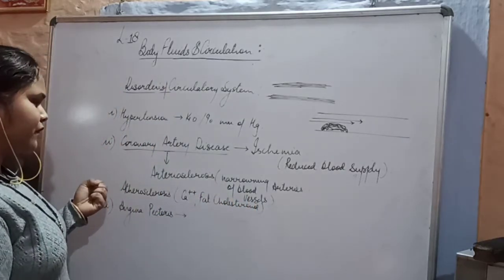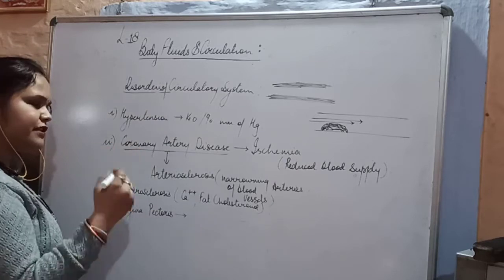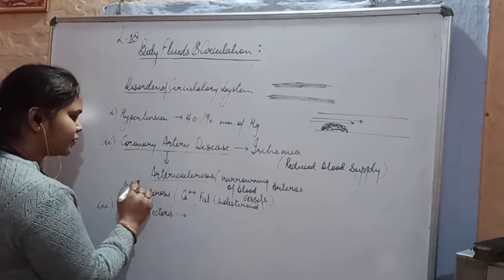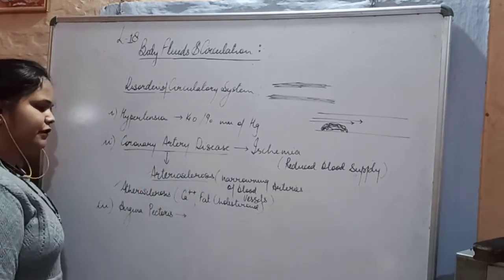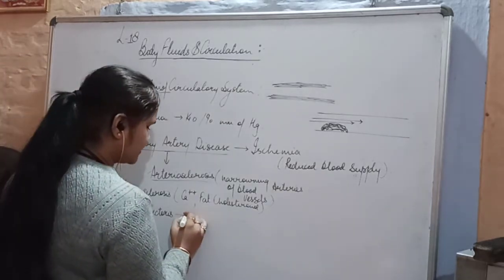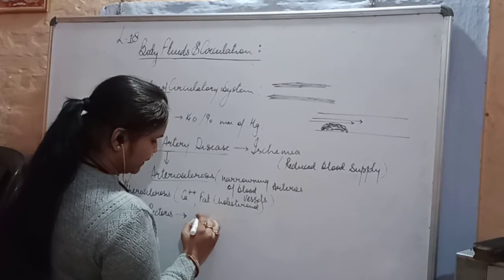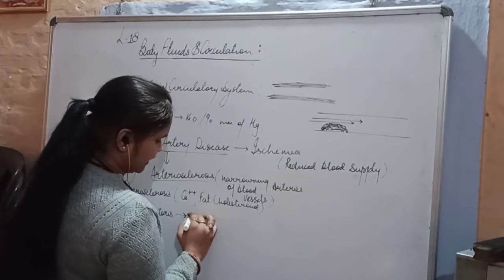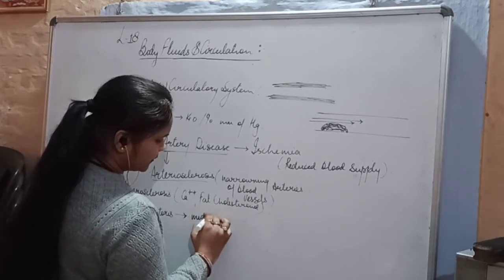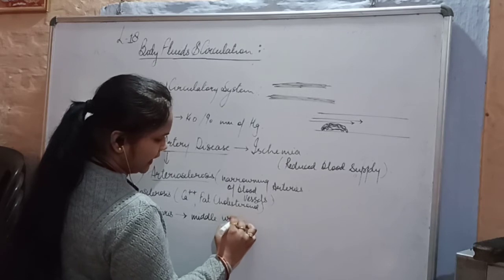And what is the reason for that? The reason for this is both arteriosclerosis and atherosclerosis. Angina pectoris can occur at any age, but it occurs in middle-aged women and men.